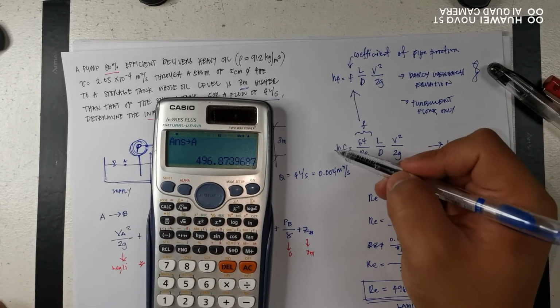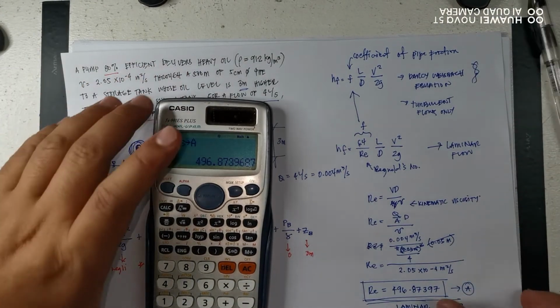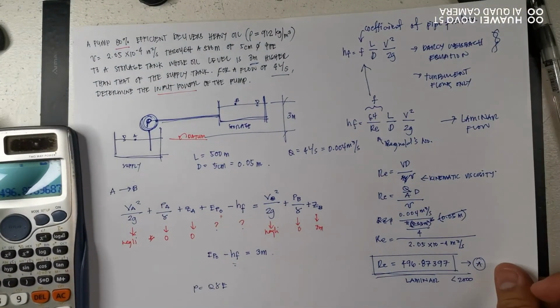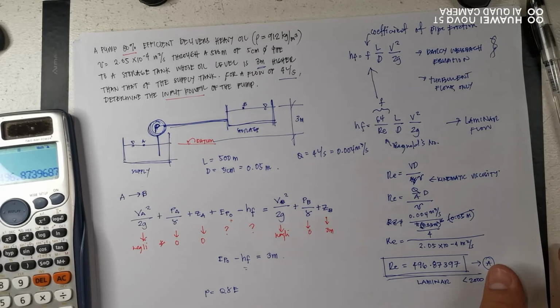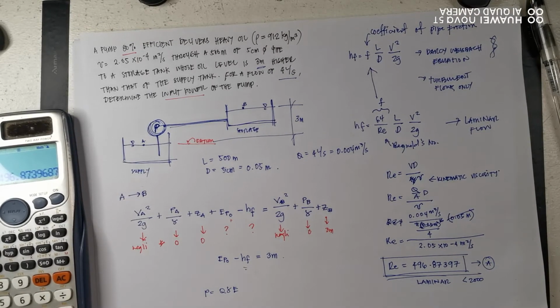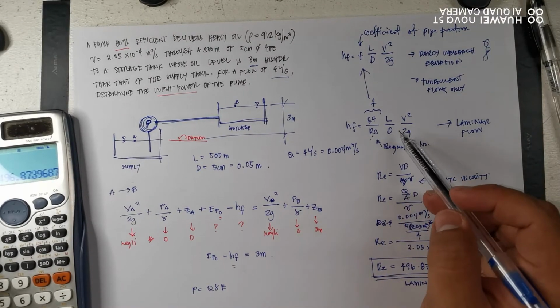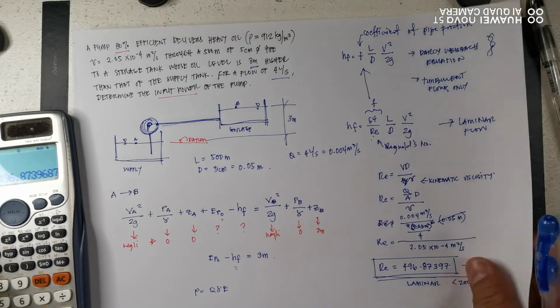So ang gagamitin natin na formula ngayon is yung HF, where yung HF galing sa Darcy-Weisbach equation na dinerive from Hagen-Poiseuille equation na 64 over RE L over D V squared over 2G.